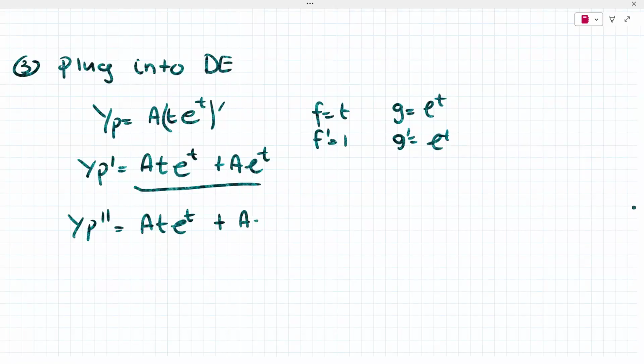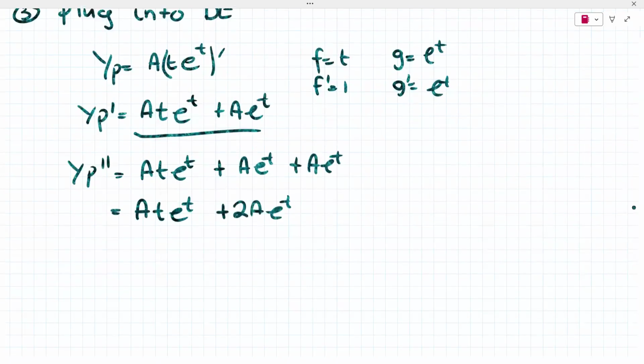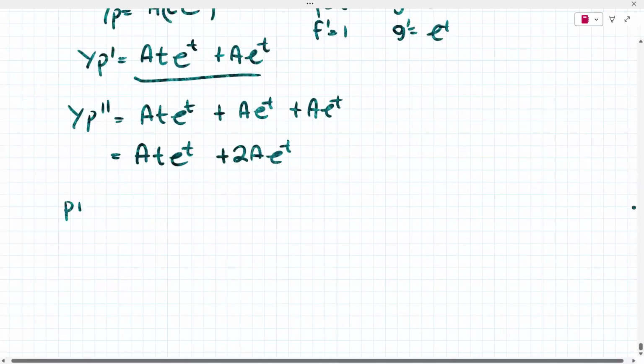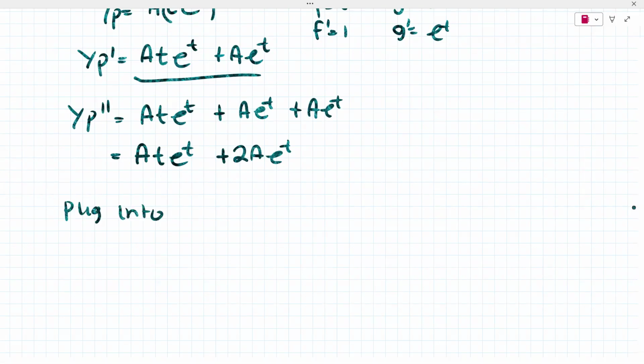Plus a e to the t plus a e to the t. And if you clean this up, this is going to be a t e to the t plus 2a e to the t. Okay, and then you're going to plug it into your differential equation: y double prime minus 3y prime plus 2y equals 4e to the t.